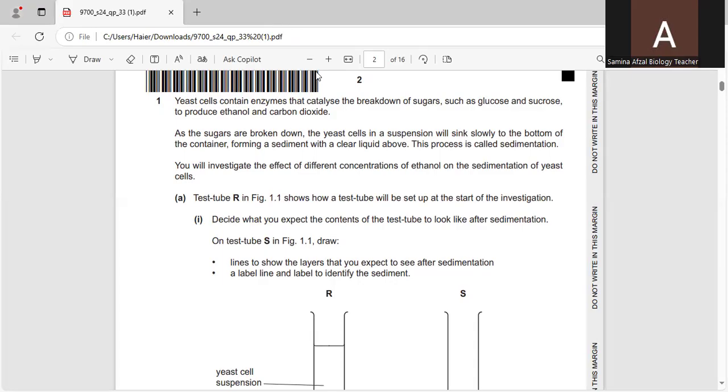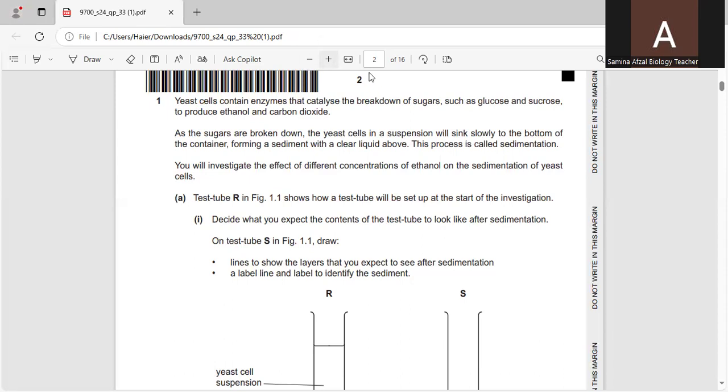Test tube R in figure 1.1 shows how a test tube will be set up at the start of the investigation. Decide what you expect the contents of the test tube to look like after sedimentation in test tube S in figure 1.1.